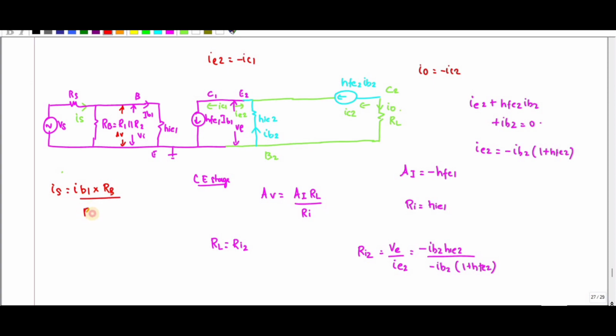RB divided by RB plus HIE1. So I can write IB1 divided by IS is equal to RB divided by RB plus HIE1.